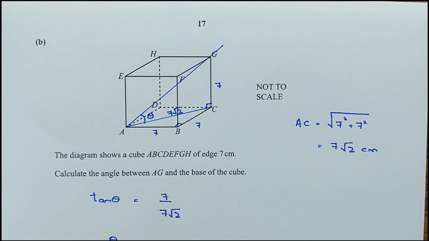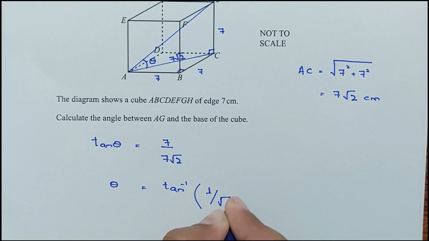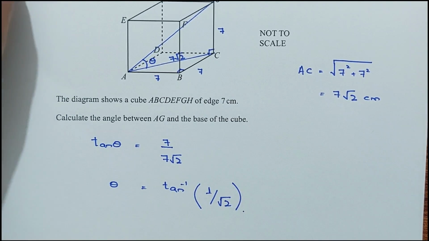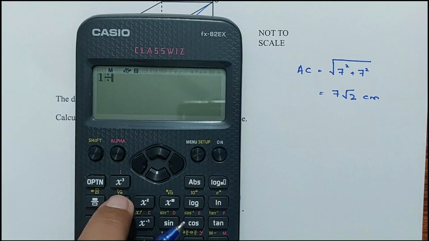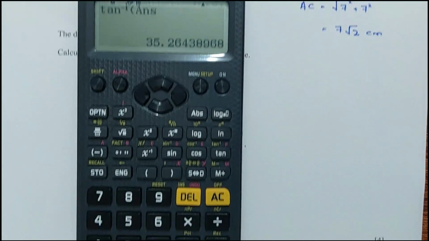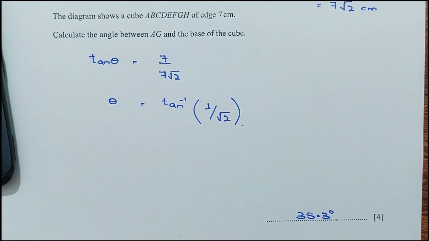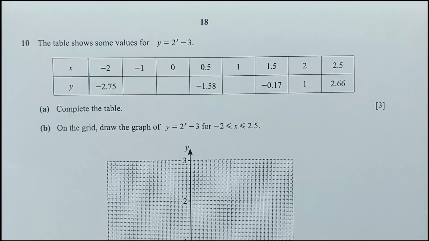So theta is tangent inverse of 1 over square root of 2, since 7 is cancelled with 7. Tangent inverse of the answer is 35.26, or 35.3 we can say, degrees, right?